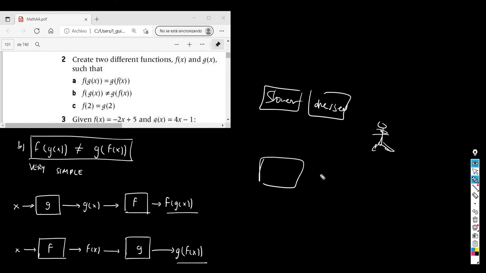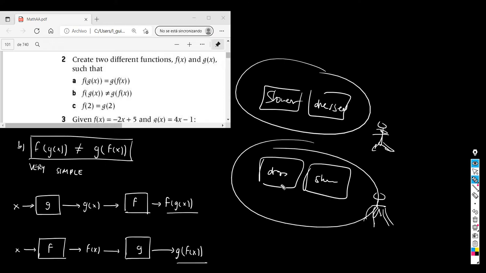And if you do the opposite, if you first get dressed and then take the shower, what's going to be the result? Yeah, you're going to be dressed, but you're going to be all wet and soaking with water. So this is not the right order. The order in which you apply functions does matter in most cases. This is the trivial or common thing to happen.